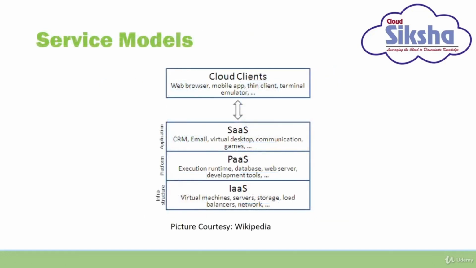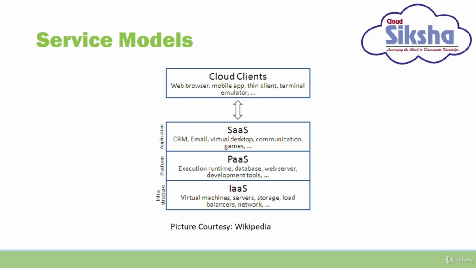So here is another simple diagram which tells you this. You can use any cloud client, which could be a web browser, a mobile app, or a terminal emulator, and so on. And you get different services here. The SaaS services like CRM or email, virtual desktop, games, etc., these are all software as a service.